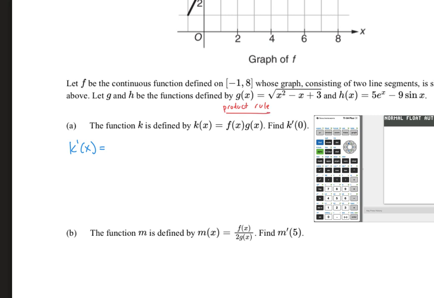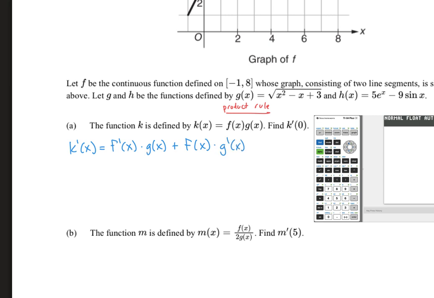Okay, so product rule is we'll take derivative of the first function. You can do it either way, but I'll start off taking derivative of the first function, and then just times that by the other function, and then do the other way around. Leave the other function, keep the first function the same, and then take the derivative of the second function.